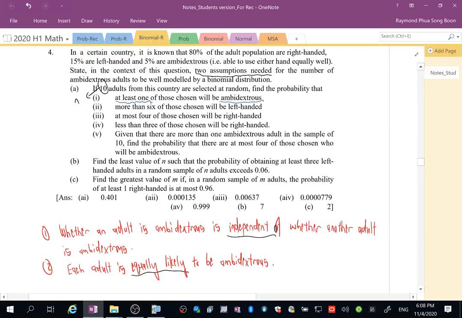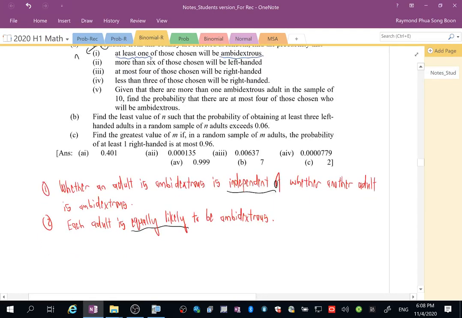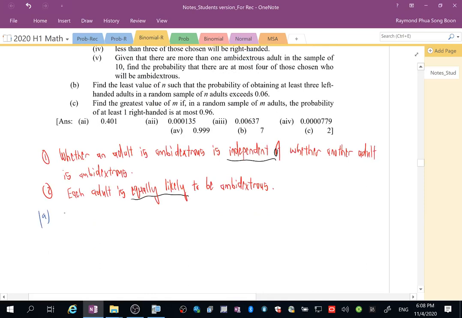So now in part one we are concerned with ambidextrous adults, and then n is 10. So we'll start by defining the variable.